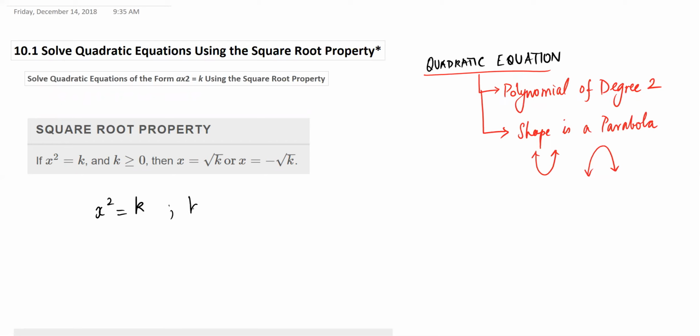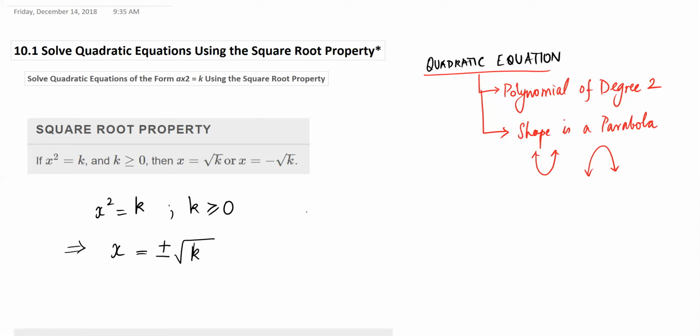And they're saying, well, k must be positive, this is 0 or more, right? If that's how it is set up, then it implies x is either square root of k or x is negative square root of k. I would like to combine these two into a single expression with a plus or minus. Okay, so x is plus or minus square root of k.